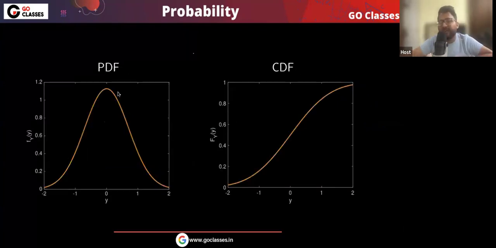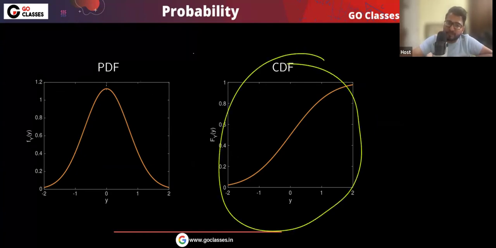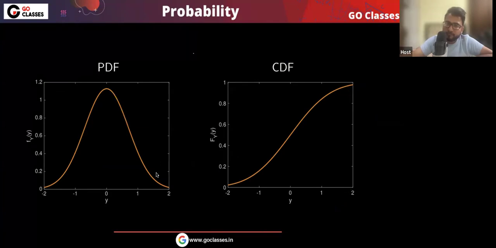Suppose your PDF is like this, maybe some function. Then the CDF is looking like this. So here, is the CDF decreasing? Tell me. The PDF is decreasing after some point in time. Is the CDF decreasing? No, right? The CDF cannot decrease actually. See, here you are increasing the CDF.